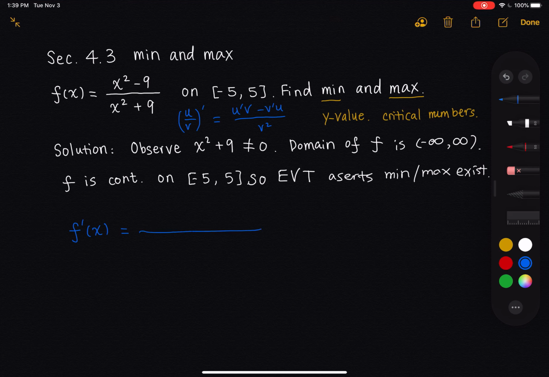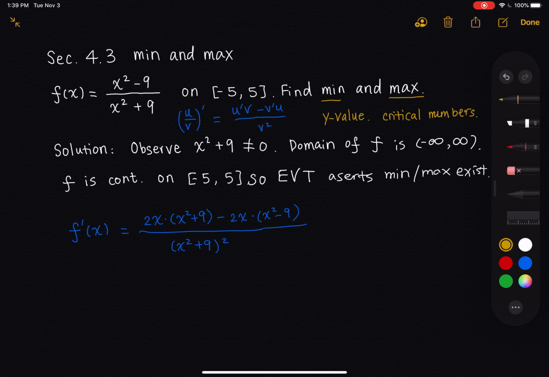So we have the bottom, x squared plus 9 squared. The top, you take the derivative of the top, so 2x times the bottom. You subtract the derivative of the bottom. Okay, derivative of x squared plus 9 is 2x times the top.